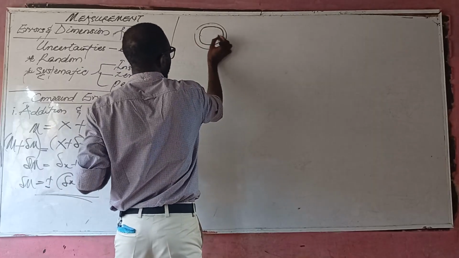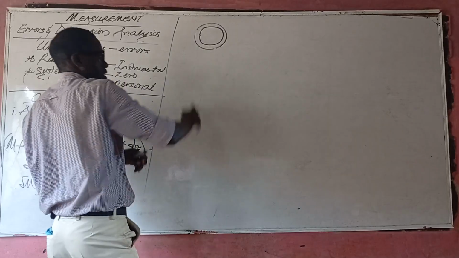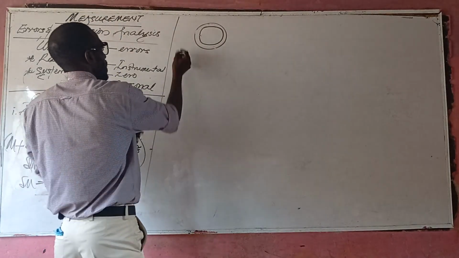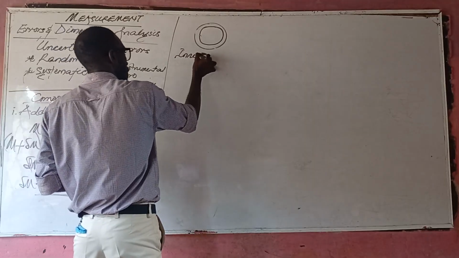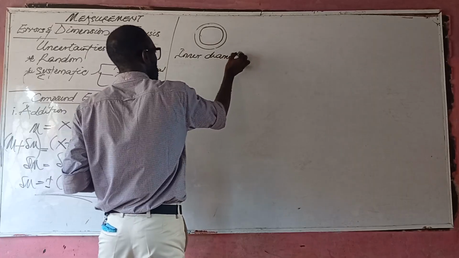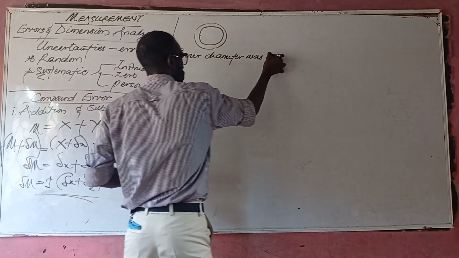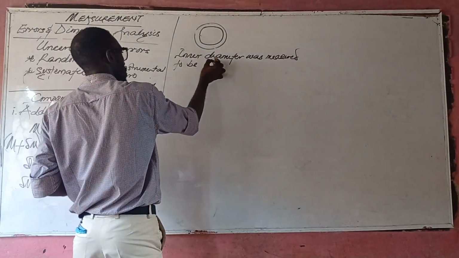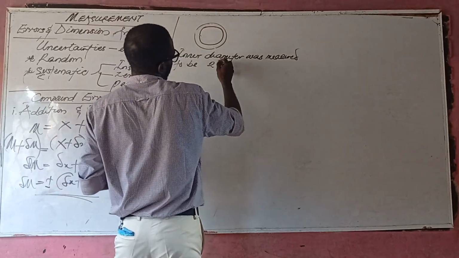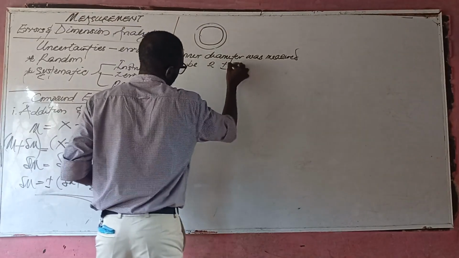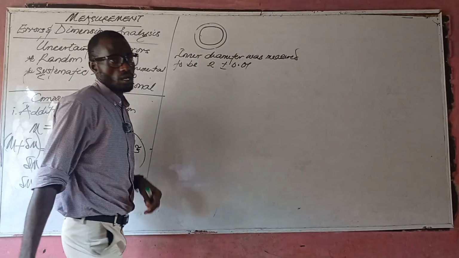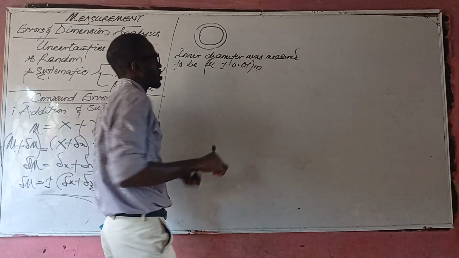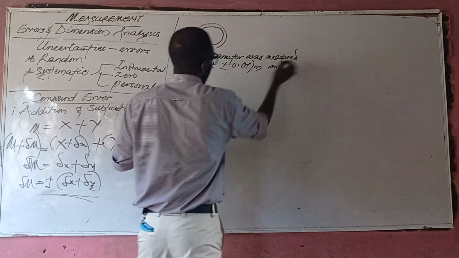If you measure from here to here, let's say the inner diameter was measured to be 2.2 plus or minus 0.01 meters.